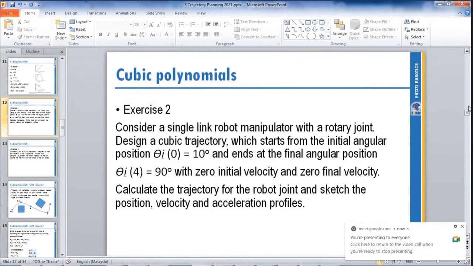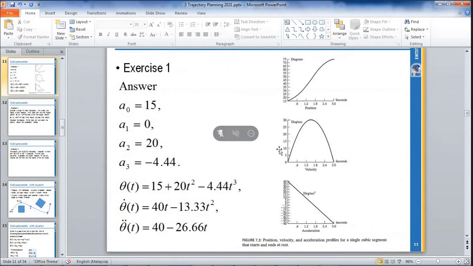So is anybody still not clear on how to draw the graph? This is a very important topic: how to plot from this equation to this graph. If you don't understand, please ask. Is there anyone who is not clear yet? From this position graph, the graph shows degrees and seconds.